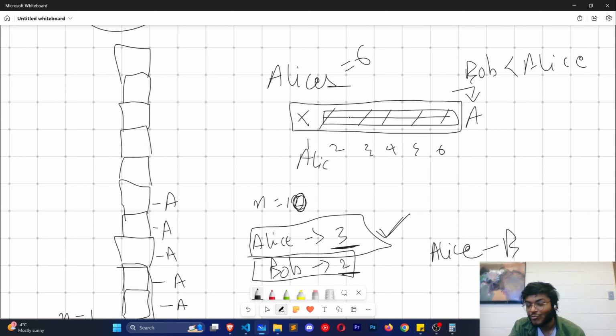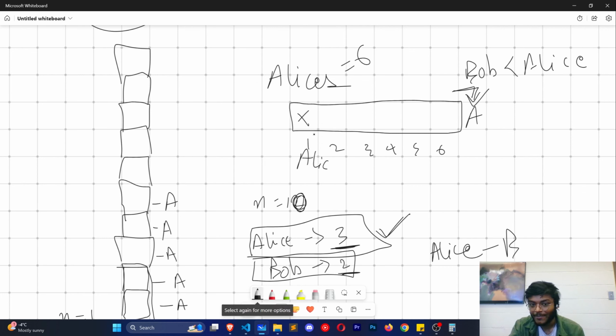So Alice can force the game where Alice wants to be, right? Because Bob is less than Alice, Bob can never outposition Alice from any position. Why? Because Alice can completely subdue Bob inside it. So let's say Alice is six and Bob is, let's say, five. Alice can just remove one, and then Bob will completely be inside of Alice, and then Alice can again be over here.